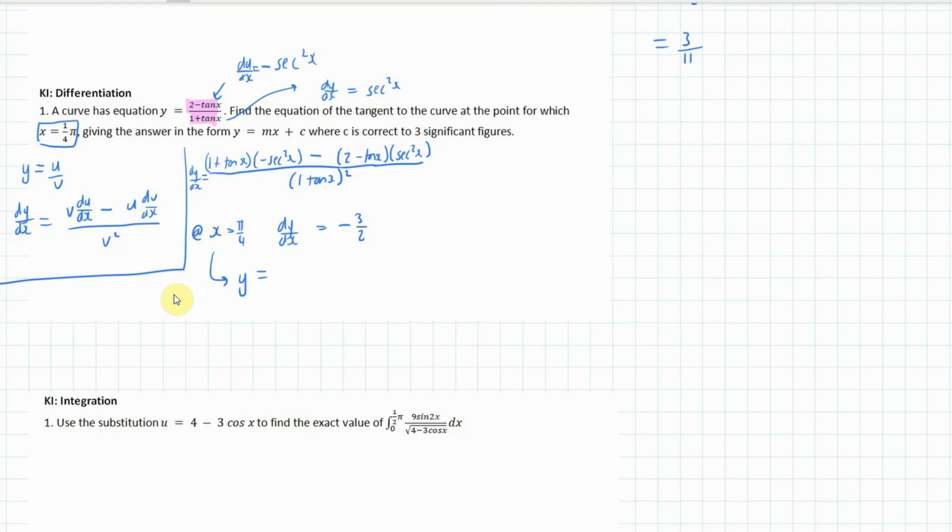2 minus tan pi over 4 and 1 plus tan pi over 4.